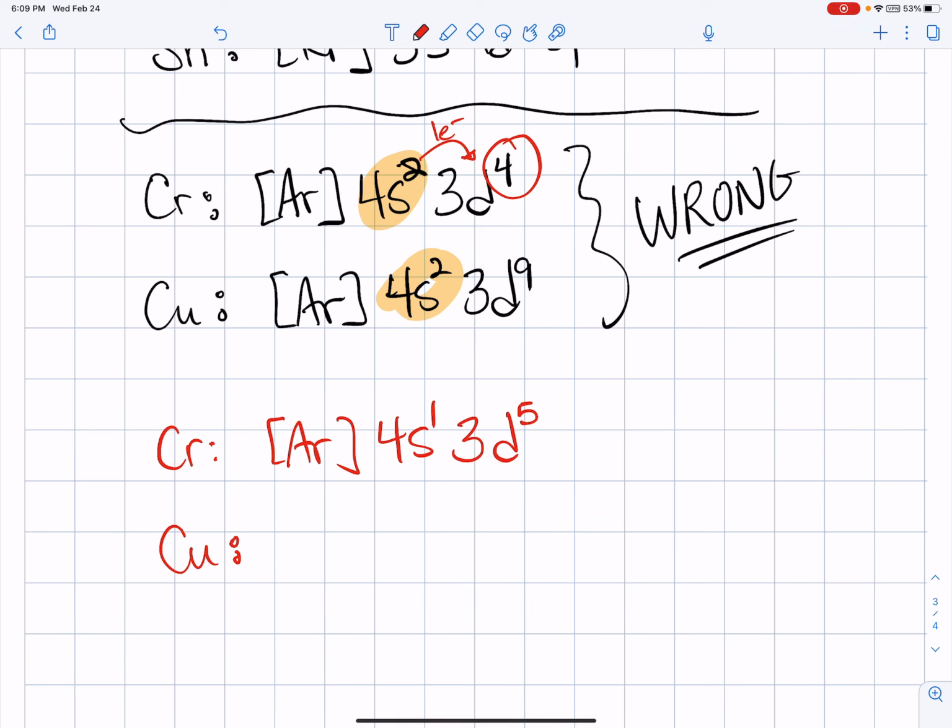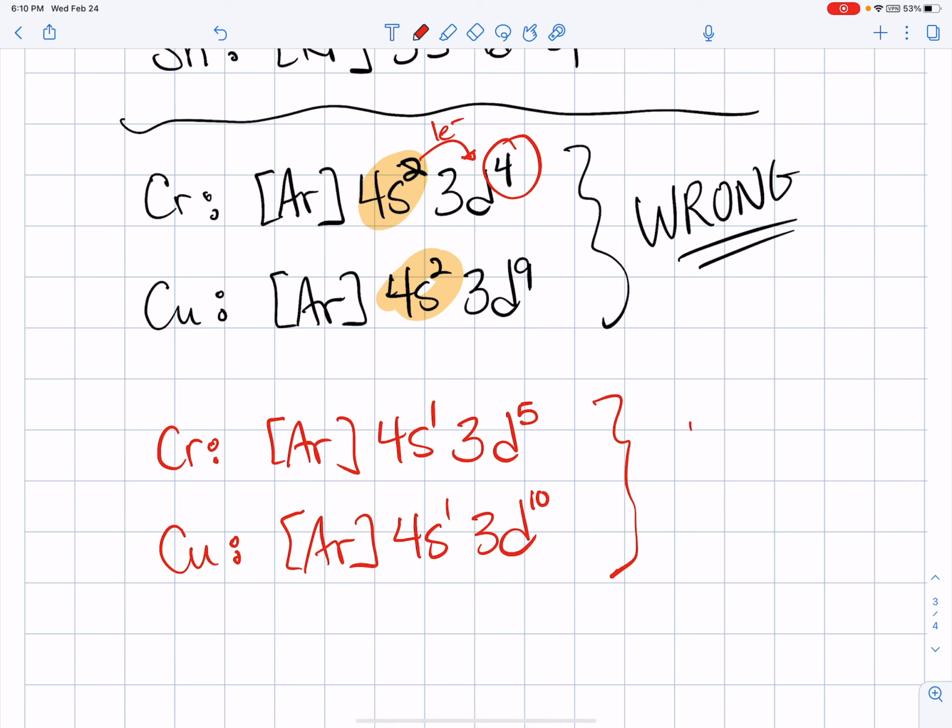The very same thing. So copper, instead of being 4s2 like we thought, turns out that it's 4s1. One of those two electrons moves out of the 4s sublevel and into the 3d sublevel. So the 3d, instead of 9 electrons, ends up with 10 electrons instead.